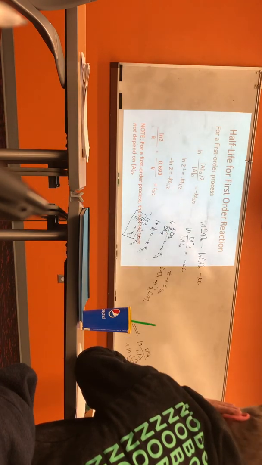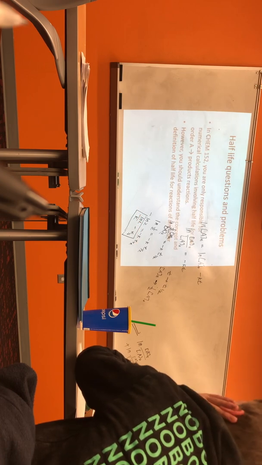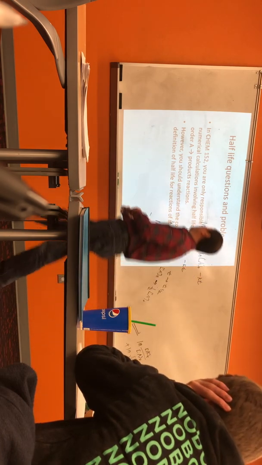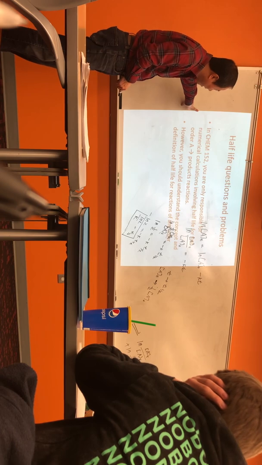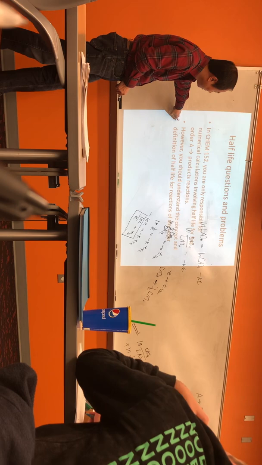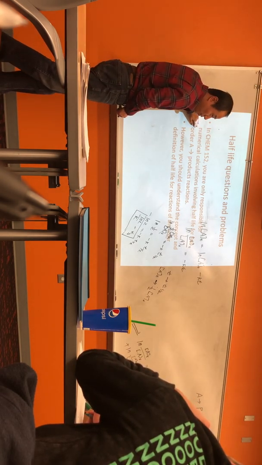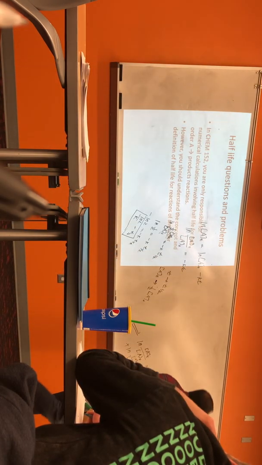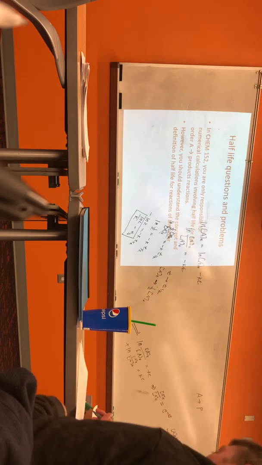Either way is fine. Half-life can be defined for different reaction orders, but the half-life of first order is important because it's a unique number that doesn't change. You should be able to know the half-life of other orders, but that's not important.